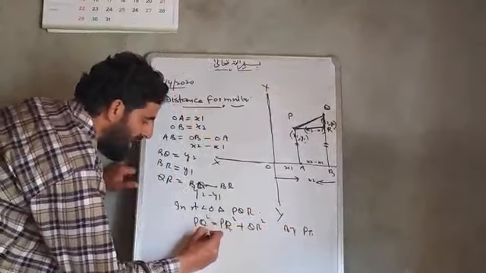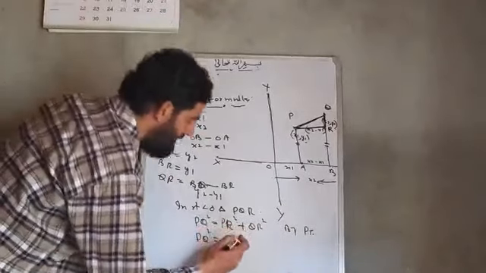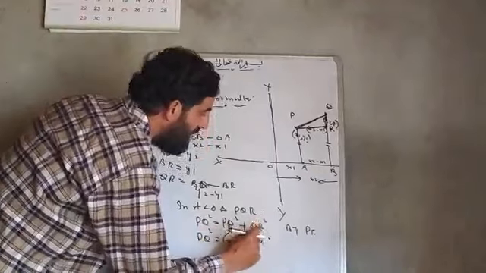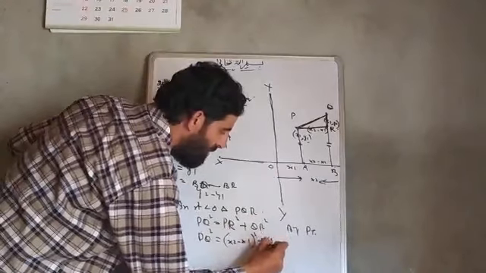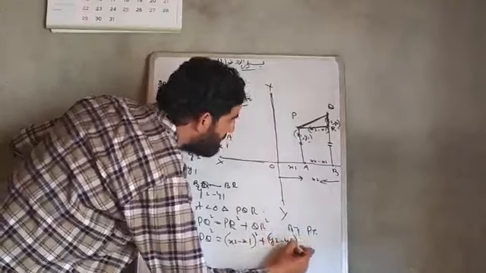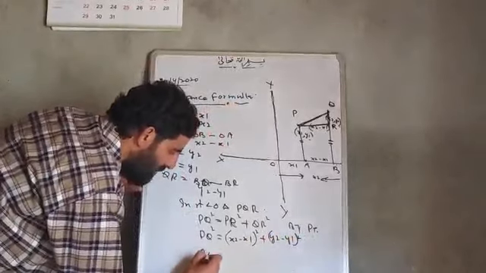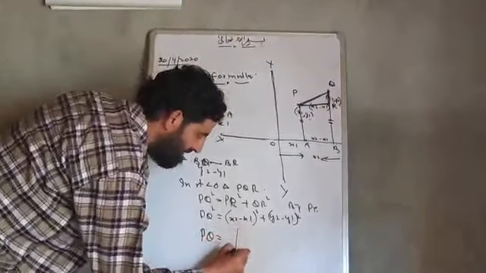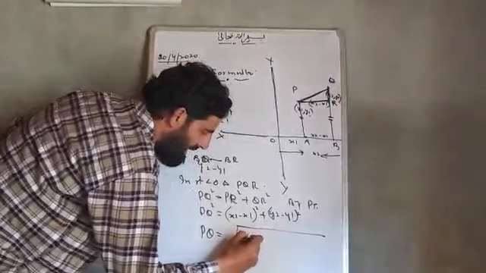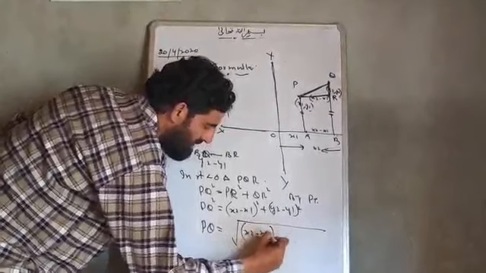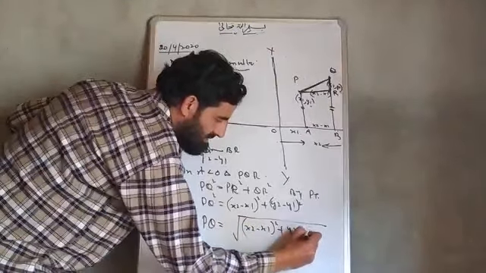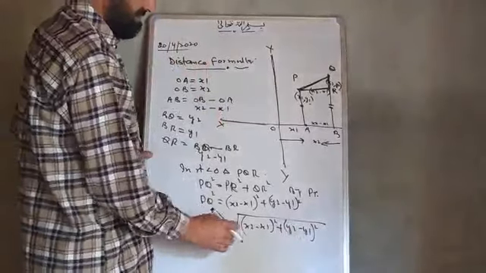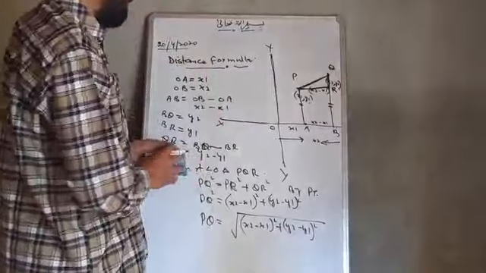PR is x2 minus x1 whole square, plus QR is y2 minus y1 whole square. And PQ, this is the distance PQ, is equal to the under root of x2 minus x1 whole square plus y2 minus y1 whole square, and this is the famous distance formula. So this is very simple.